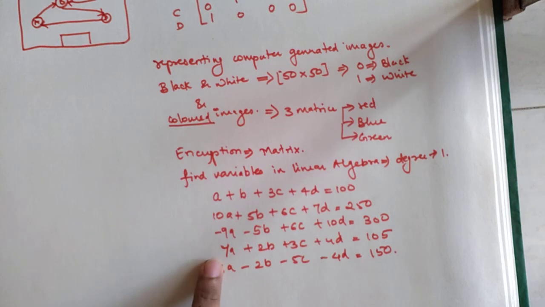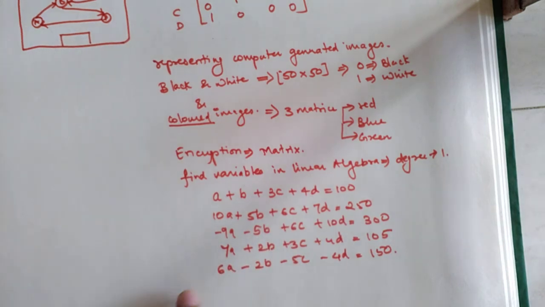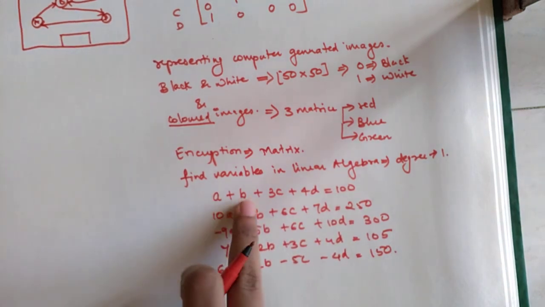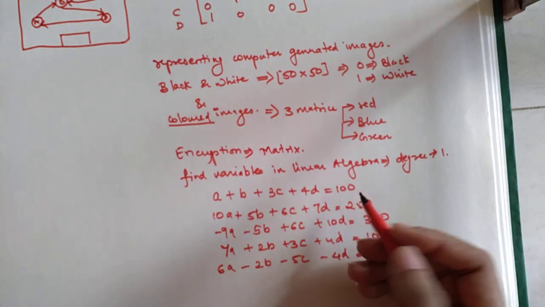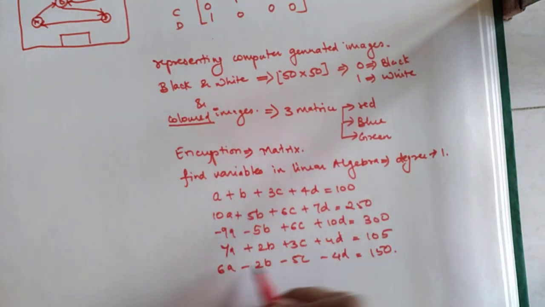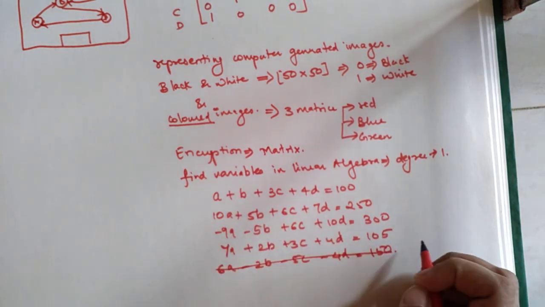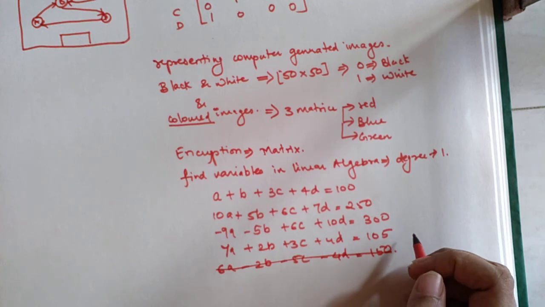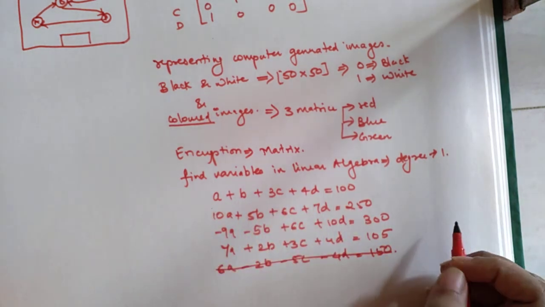All these are linear equations in algebra, and if you had to find the value of a, b, c and d, oh, we are just using 4, so we just needed 4 equations. I'm going to strike out this last one. So we had just these 4 equations. Then from this, how will you be able to find the value of a, b, c and d? You won't be able to find it, right?